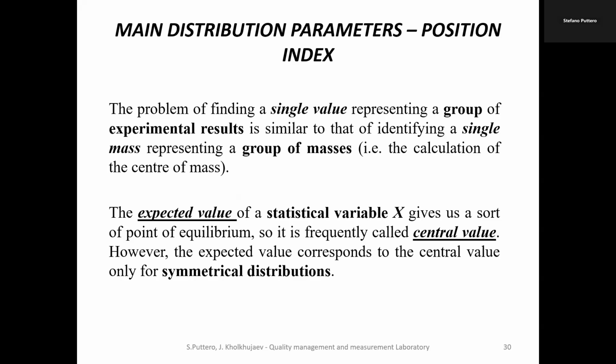This is in some way analogous to how we determine the expected value of a statistical distribution, because the expected value gives us a point of equilibrium, a balance point of the distribution. And since it is defined as a balance point, it is often referred to as the central value, okay?